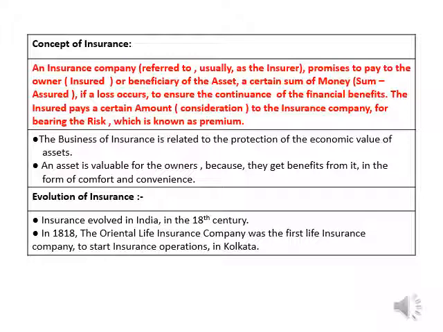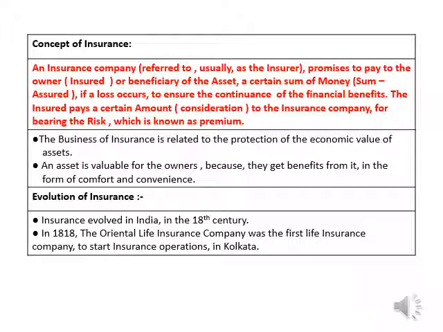The insured pays a certain amount of consideration to the insurance company for bearing a risk, which is known as a premium. So at the consideration of premium, the risk is insured by the insurance company at the given terms and conditions which are expressed in the policy.